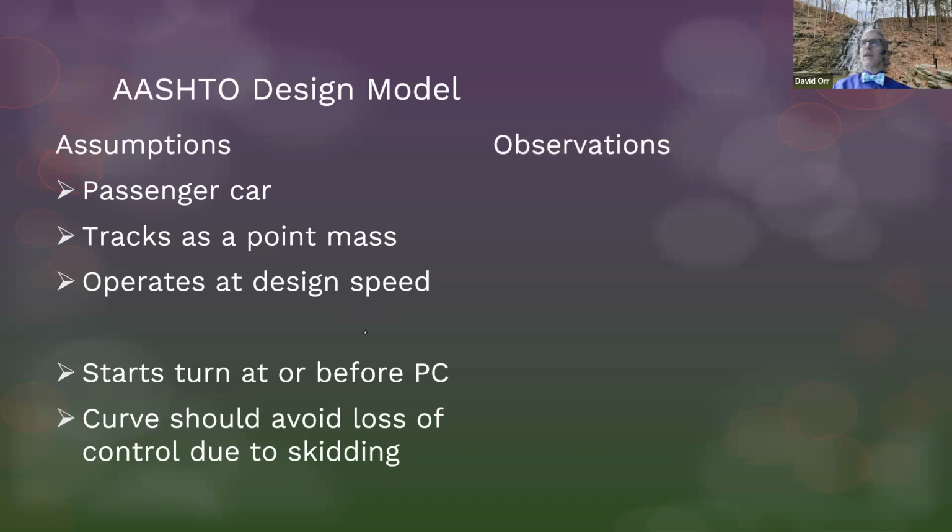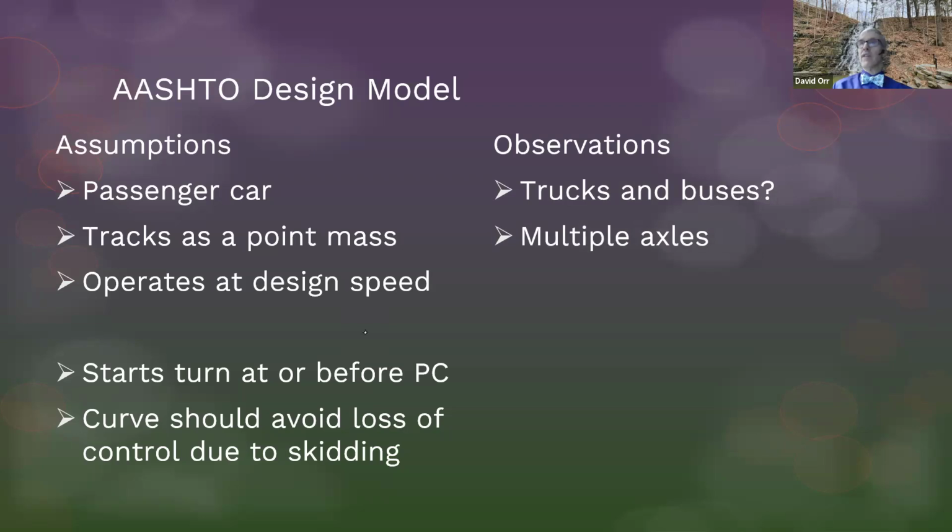Here are the observations based upon both watching vehicles over decades and, of course, some research that's been done. Part of the problem, of course, is we are designing around cars, but what about trucks? What about buses? How do we put up a single sign that tells the trucks and buses what to do? Even if we're just looking at cars, there's two axles, and the center of gravity is important, but it's related to those axles as well.